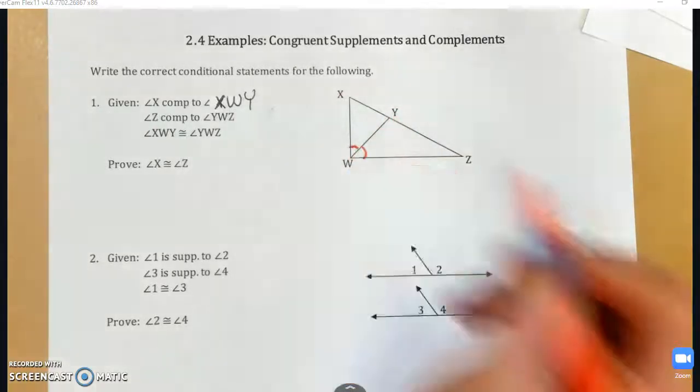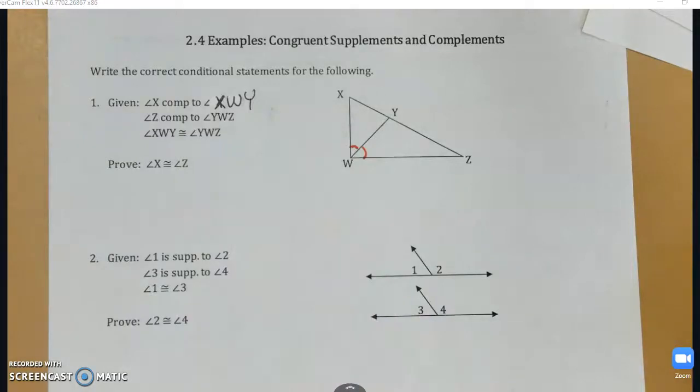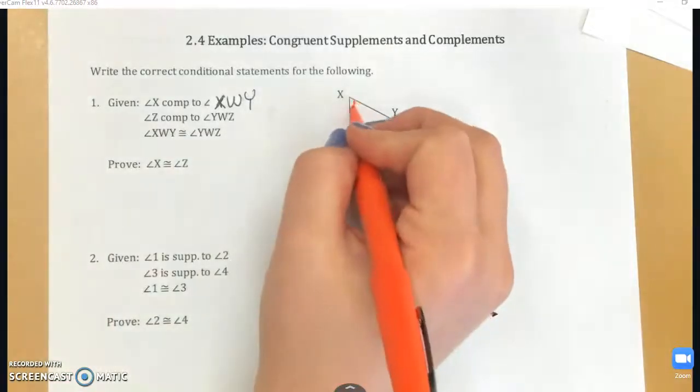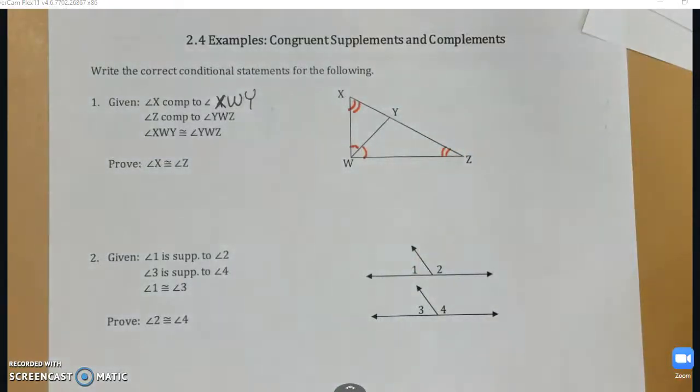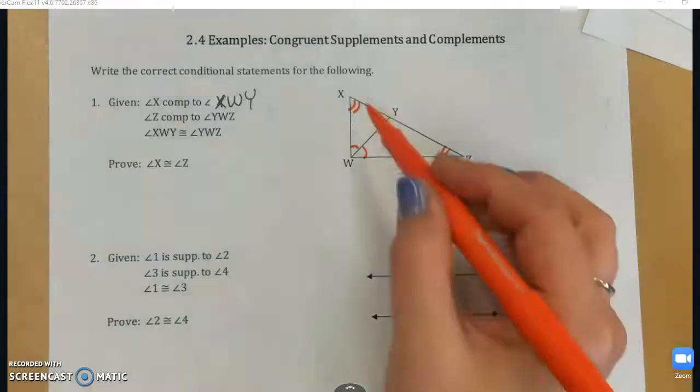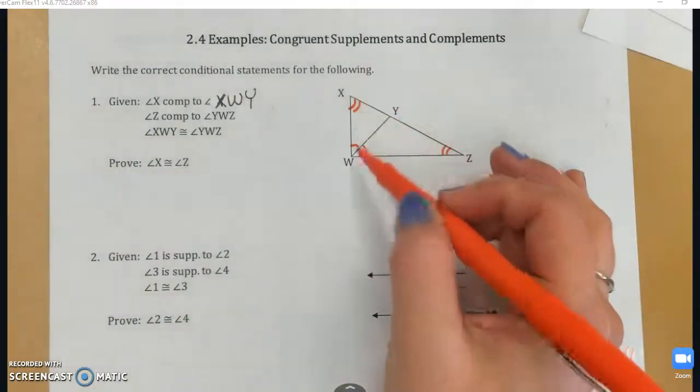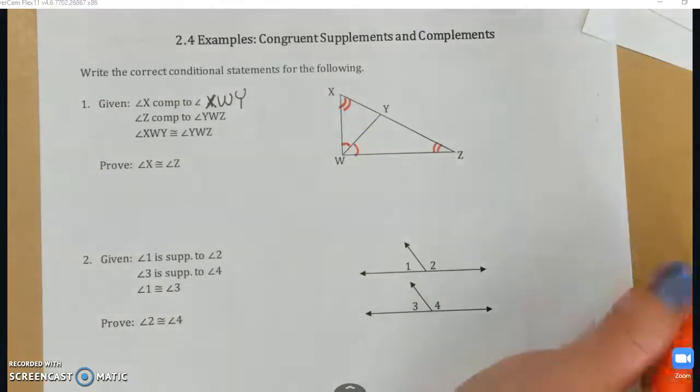So I'm going to mark that on my diagram with my tick marks. How do I know that X is congruent to Z? Well, out of the 4 theorems that we just talked about, you can eliminate 2 of them because I'm looking at complementary angles. So that eliminates both of the ones pertaining to supplementary. Now, how many angles am I dealing with? I have 1, 2, 3, 4 angles I'm talking about.